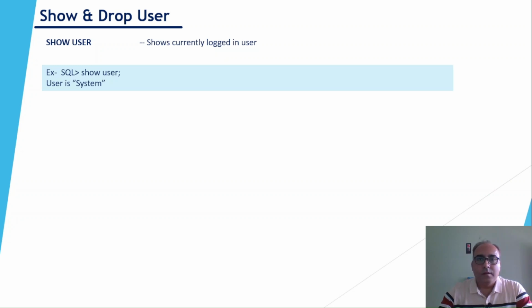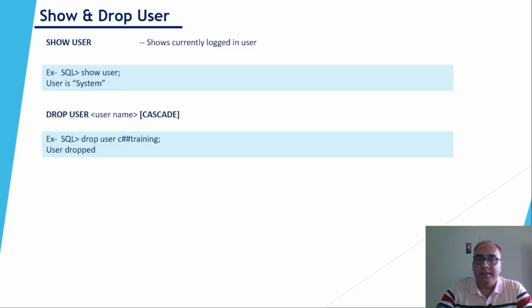In order to drop a user, we have the command drop user username cascade. The cascade is an optional thing. An example is drop user C##training, which will drop user C##training from the database.